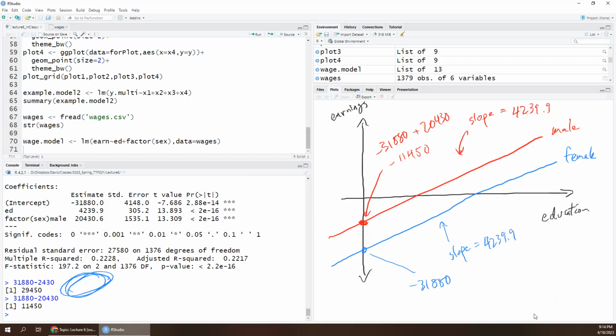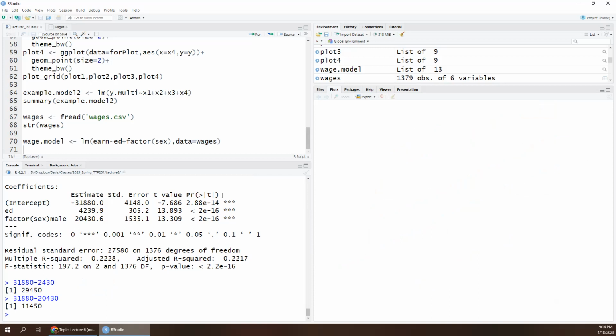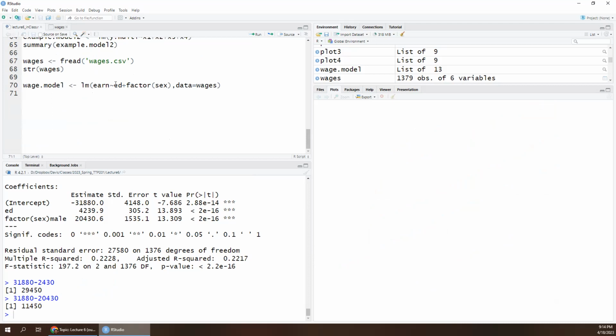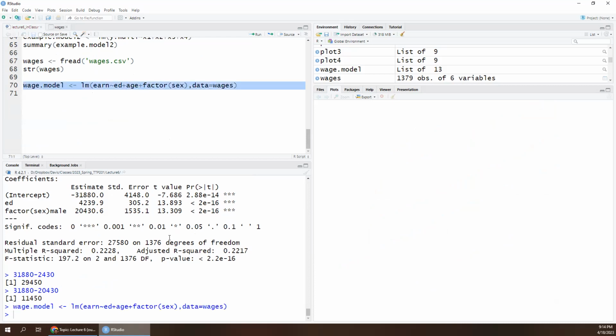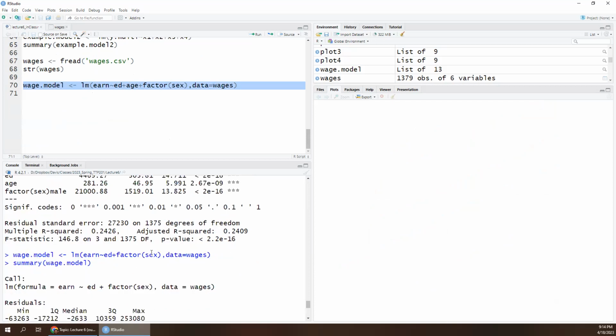But one thing that I did want to do before we end for today. Let me go back to this model. And let's talk a little bit about what we learned from before in terms of model diagnostics.